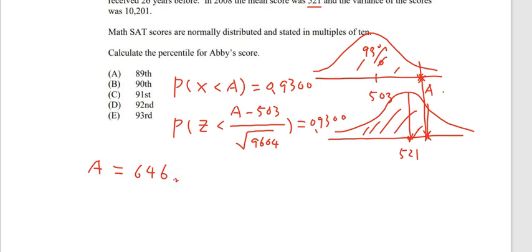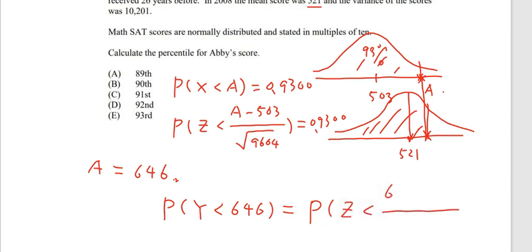Now the problem becomes easy, right? The percentile is P(y less than 646). So we change to standard normal, then check a table. So this becomes 646 minus the mean, divided by the standard deviation.